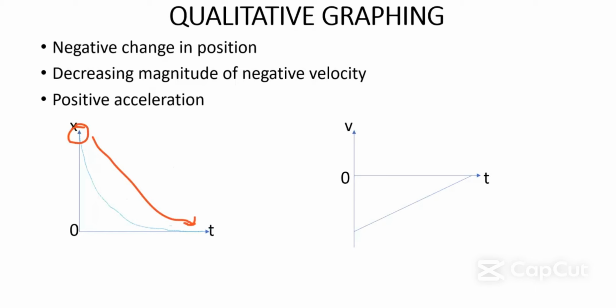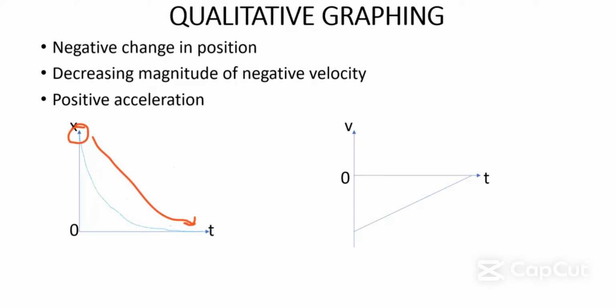So there's a negative change in position. Then the descending magnitude of negative velocity. However, there's a positive acceleration because there's a change in velocity.